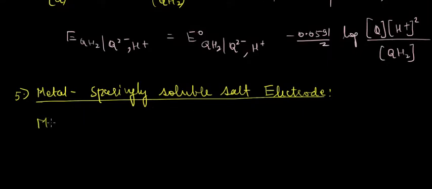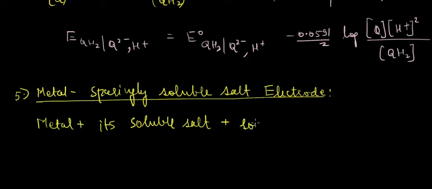So we will have a combination of metal plus its sparingly soluble salt, plus a source of anion.